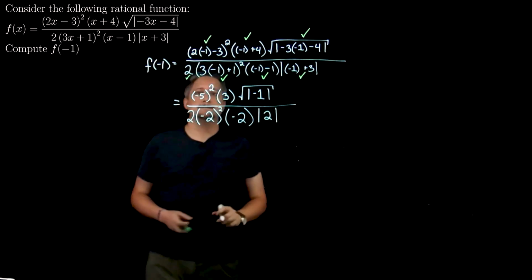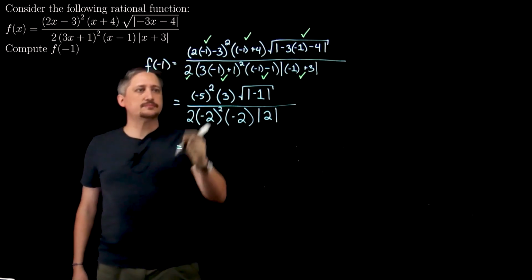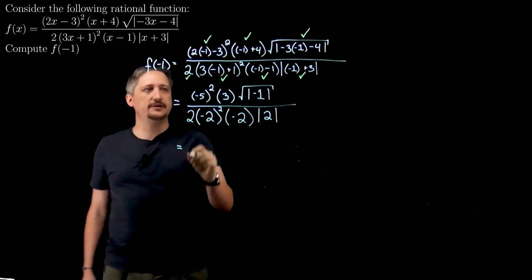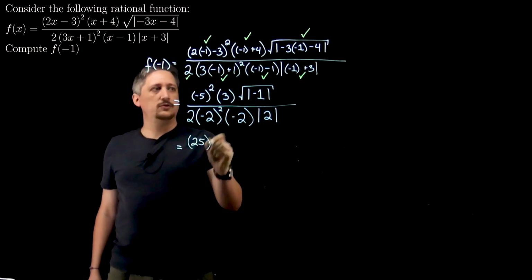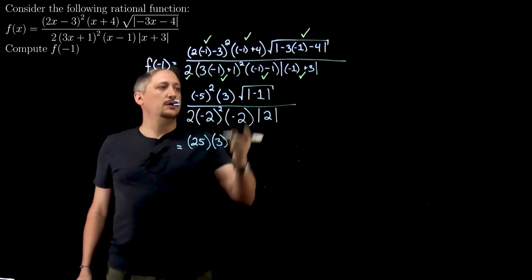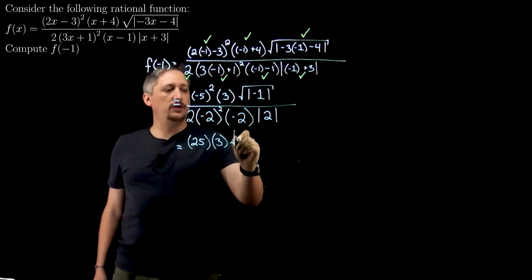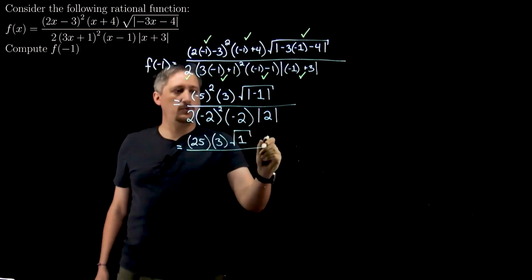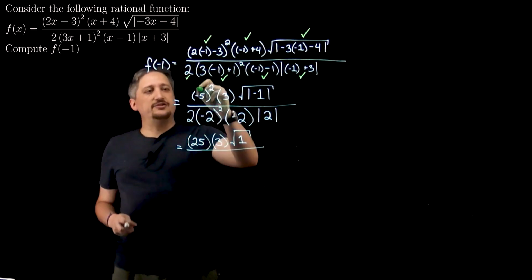And that's that. Okay, so now I'm going to try to clean this up a little. So negative 5 squared, that's going to be 25. 3 is just 3. Square root of absolute value of negative 1 is just 1. Over. So I guess I should mark these two.